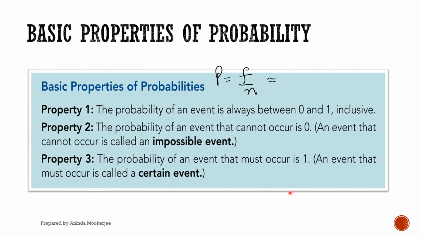All the tickets carry my name, so whichever ticket gets drawn, I'm going to win, right? That's an example of a certain event, and in that case, the probability of the event will be 1. Okay.